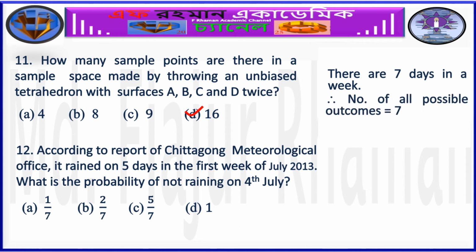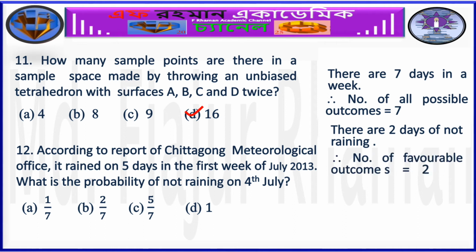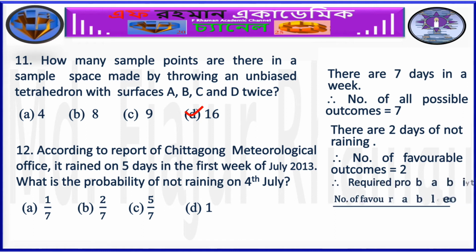Therefore, the number of all possible outcomes is equal to 7. There are 2 days of not raining in that week. Therefore, the number of favorable outcomes is equal to 2. Therefore, the required probability is 2 by 7. That's why our answer is option B.